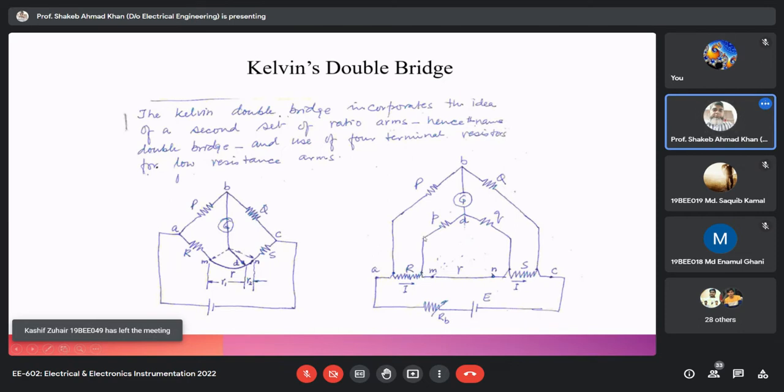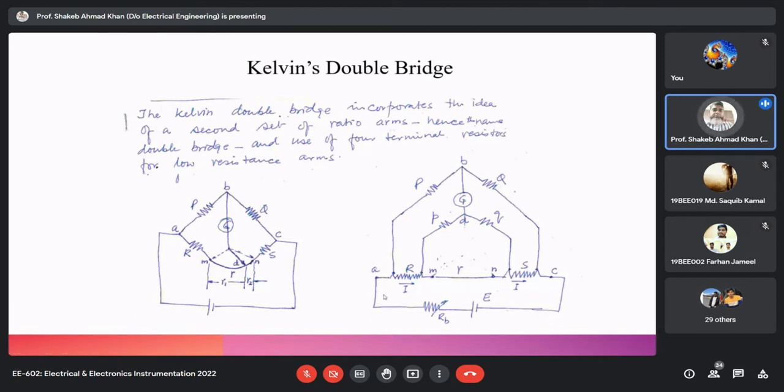So from M and N, real resistances P and Q are taken, and the values of these two resistances are taken in such a way that the ratio of these two resistances is equal to the ratio of the original ratio arm resistances.